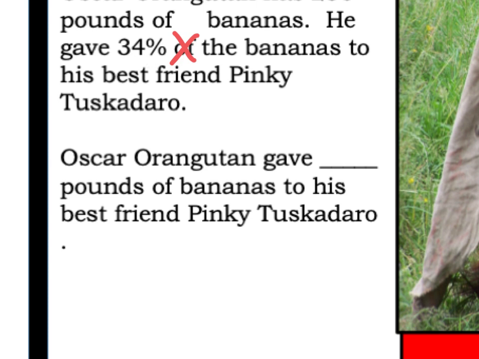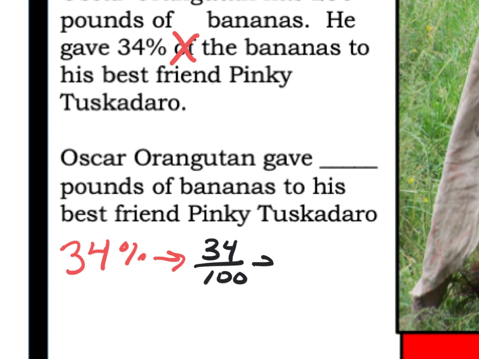All right, so let's go ahead and just write this. We've got 34%, right? Now, percent means out of 100. So I could rewrite this as 34 out of 100, right? Because this means 34 out of 100, and this is 34 out of 100. Fantastic.